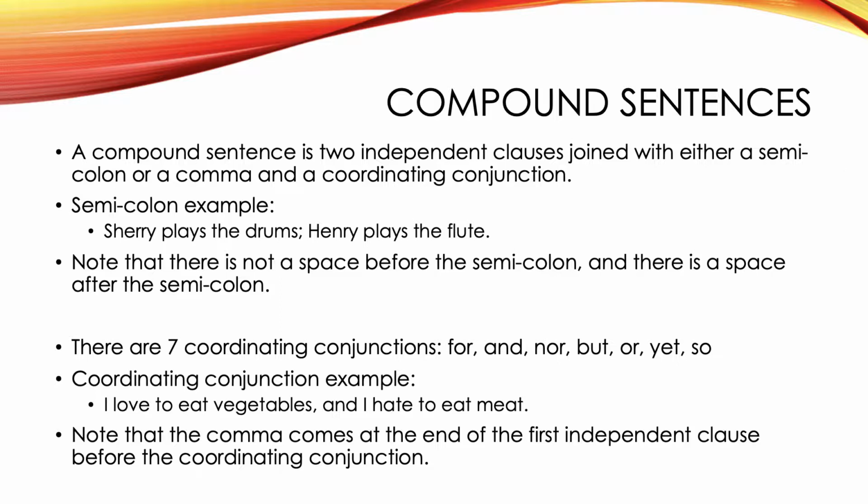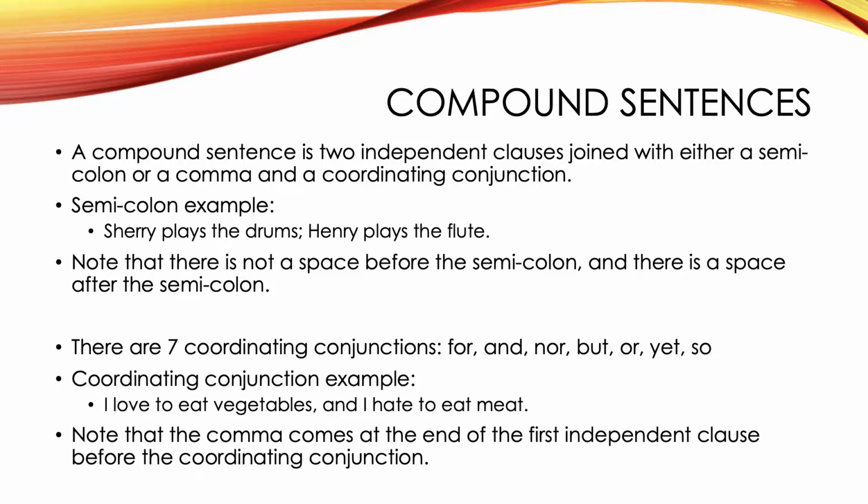Another way that you can join two independent clauses to make a compound sentence is to join them with a coordinating conjunction. There are only 7 coordinating conjunctions. Those coordinating conjunctions are for, and, nor, but, or, yet, so.